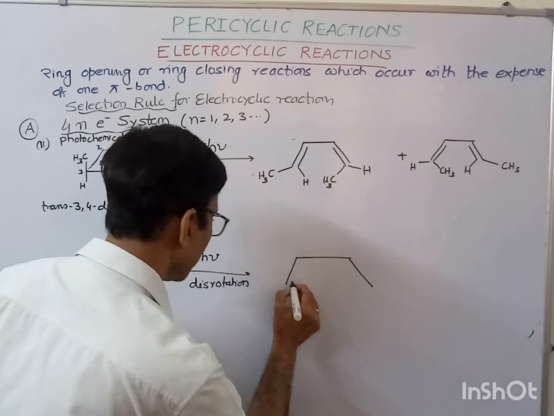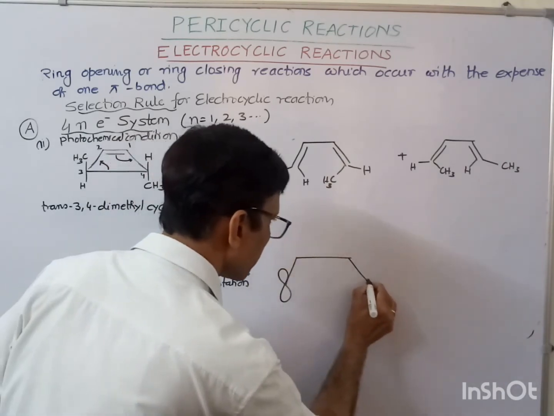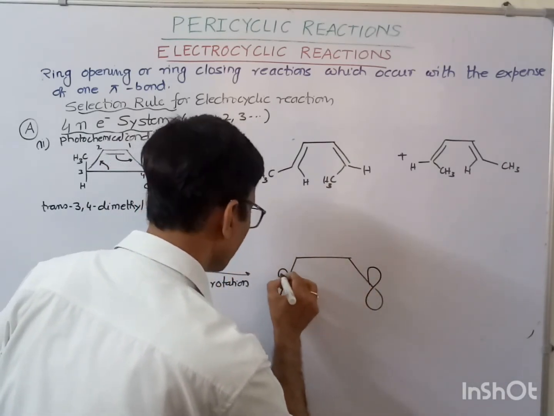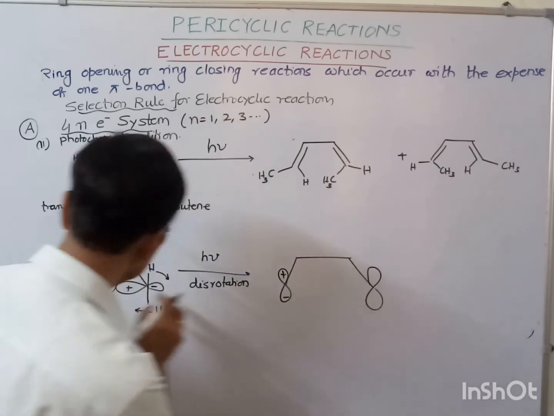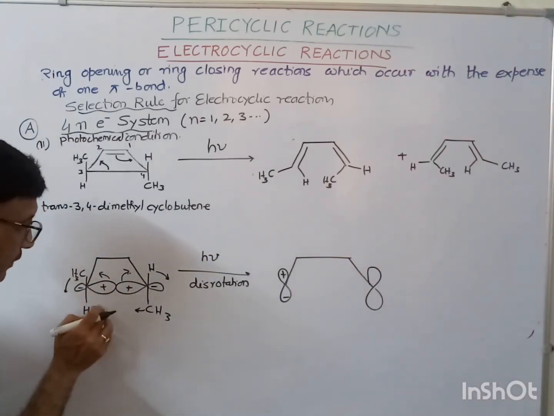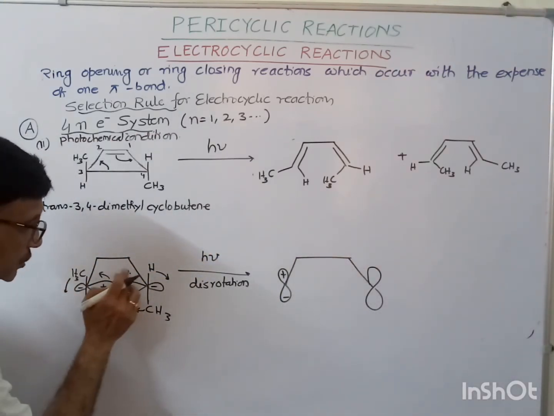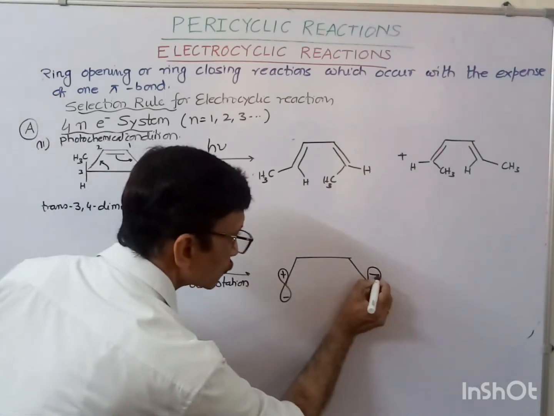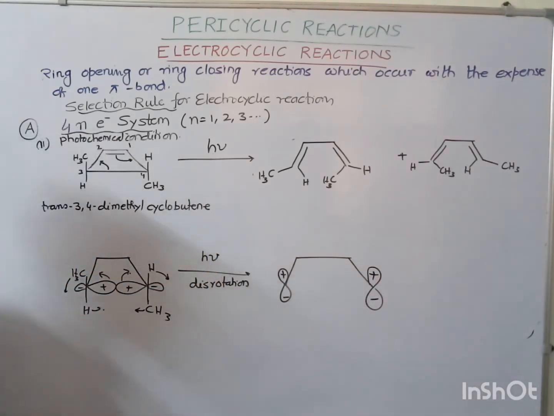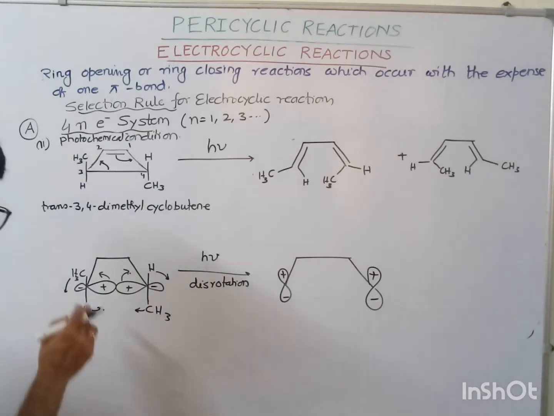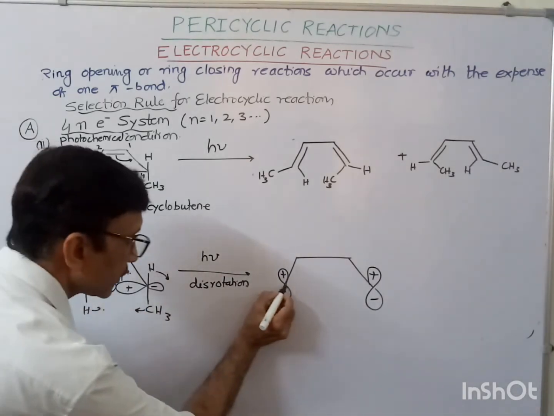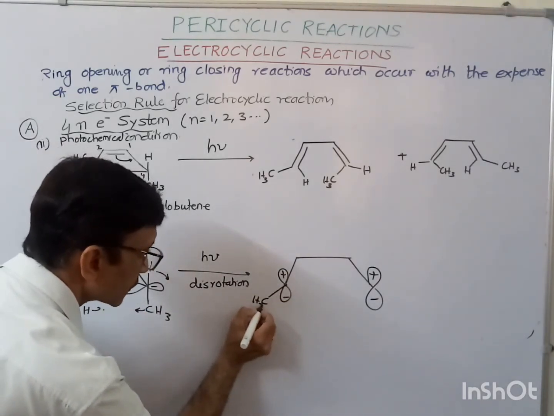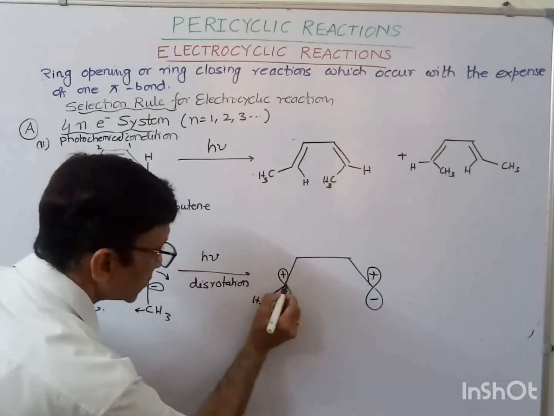So the product obtained would be: plus is going up, minus is coming down in this lobe. So in both lobes, plus is up, minus is down. And here CH3 is coming outside and hydrogen is coming inside.